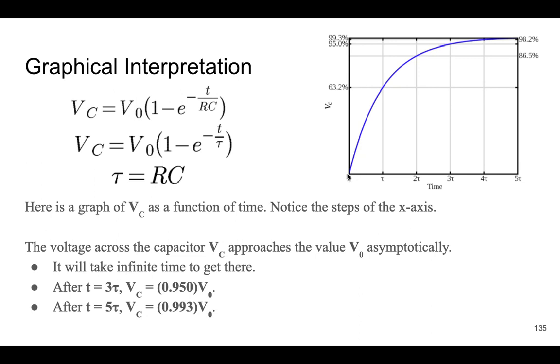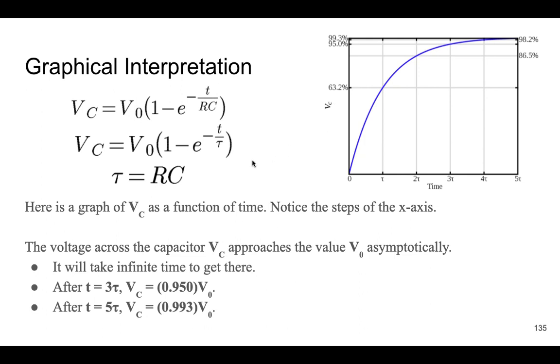As soon as you close the switch in the charging capacitor, voltage is going to start to build up across the capacitor. After one time constant, it's about 63% of the way there. After 2, it's 86.5% of the way there, and so forth. So it just keeps getting closer and closer to the value of V sub c. Now it approaches it asymptotically.